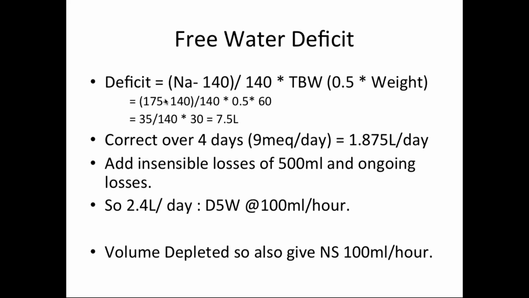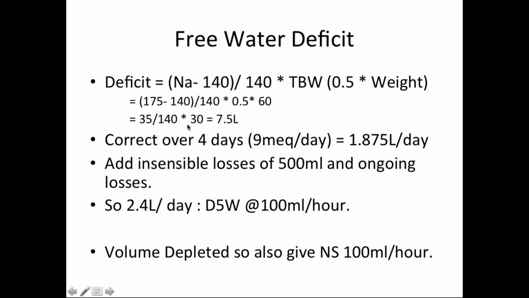So how do you calculate the free water deficit? We'll use our patient to do that as well. The current sodium minus 140, divided by 140, and multiplied by the total body water, which will be 0.5 times the weight. So in this patient who is at 175, 175 minus 140 is 35, divided by 140 and multiplied by 0.5 times the 60 kgs.